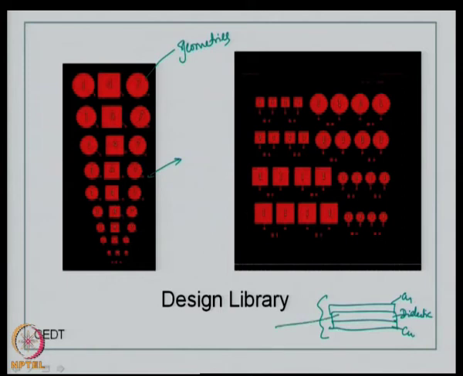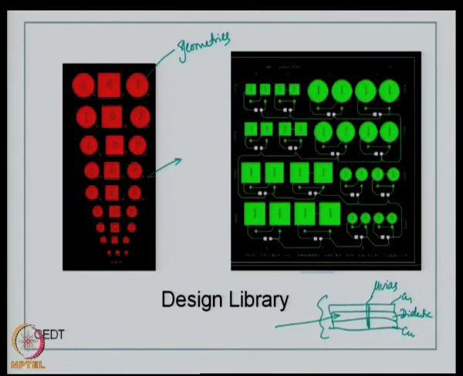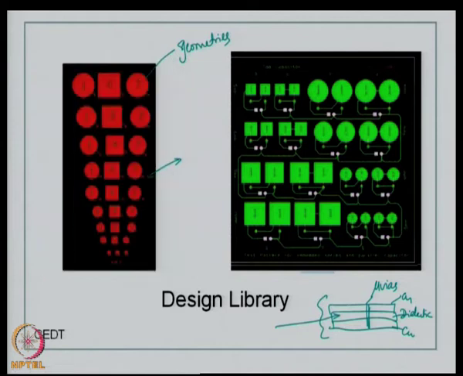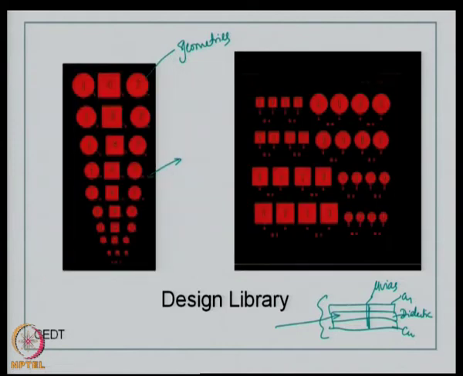Choose the appropriate dielectric constant for the thickness of dielectric that you intend, and then you can interconnect them using micro vias. As you can see, this is the top layer of the design. If I can go back, you can see this is the bottom plate.